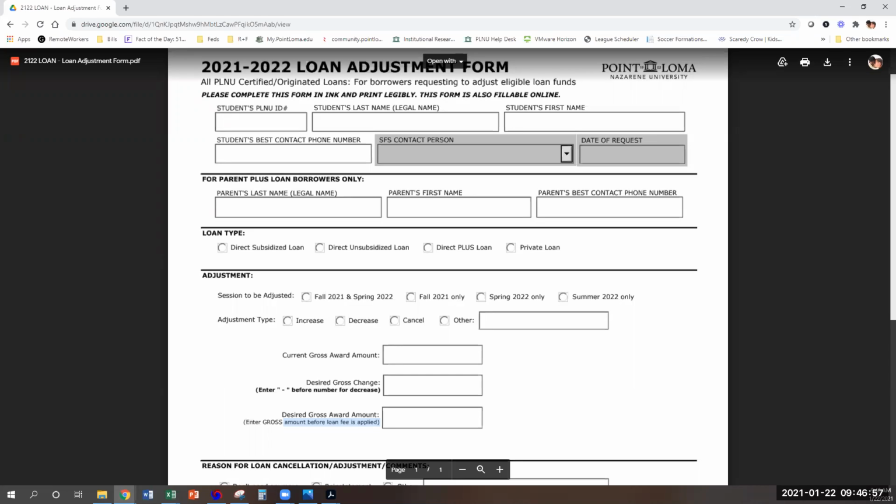But I do see we have a whole bunch of disclosures on ours. Like, I understand that if I request more money, then my repayment will be higher. But we don't have one about the loan fees. So that is actually a good recommendation to add to both of them, just so students understand that.